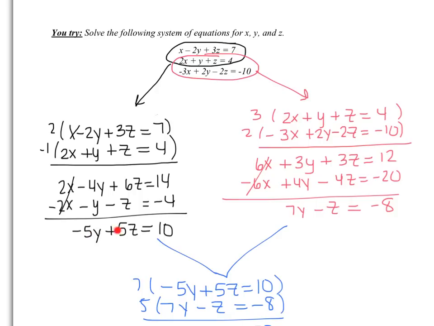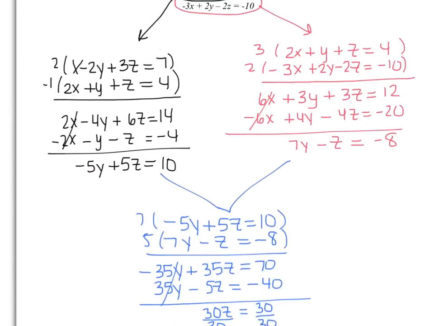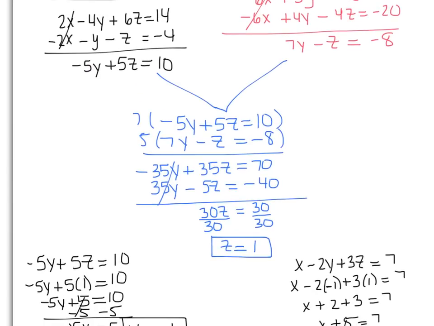Then I took these 2 equations and wrote them on top of each other and created a third system. So we've got one system here, another system here, and I solved this system, and actually didn't create a system, but I got an answer. The answer is z equals 1. Then I could choose either this equation or this equation to substitute it into. I chose this one.